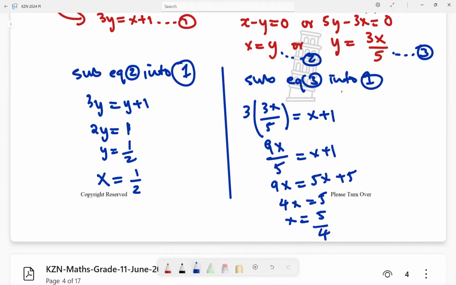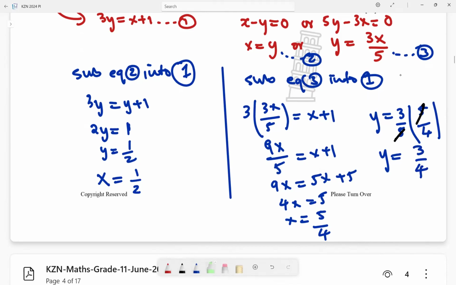Then when you want to get y, you come to this part and say y is equal to 3 divided by 5, and you substitute x as 5 divided by 4. The 5 and 5 will cancel, and you'll be left with y equal to 3 divided by 4.